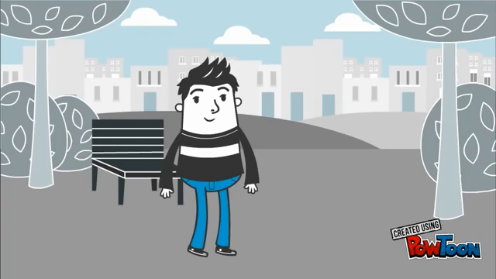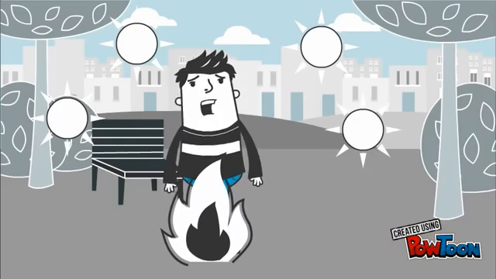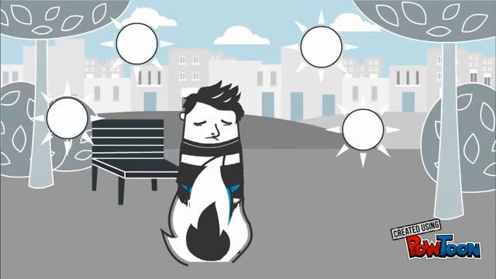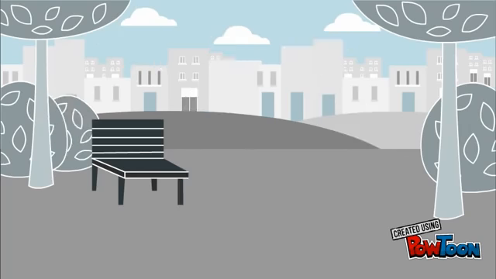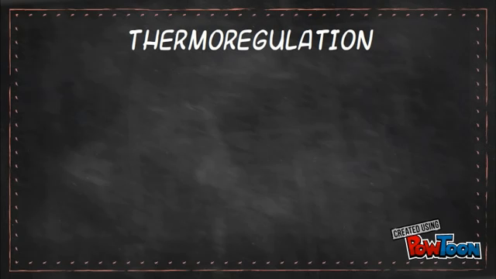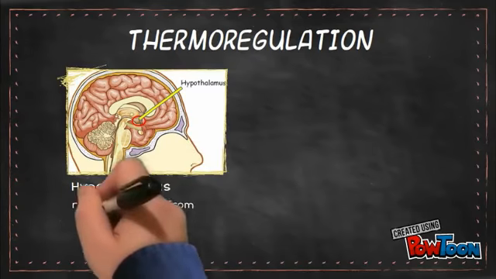So let's look at one of our earlier examples of homeostasis, that is, body temperature. Temperature homeostasis, also known as thermoregulation, is happening constantly within our bodies. Let's see how our body adjusts on those hot sunny days. A section of our brain, known as the hypothalamus, helps us detect fluctuations in temperature.